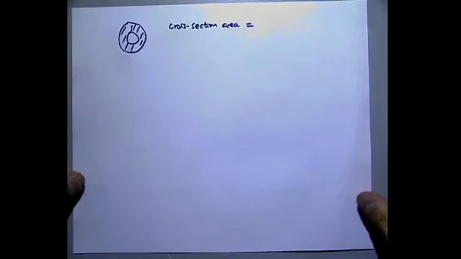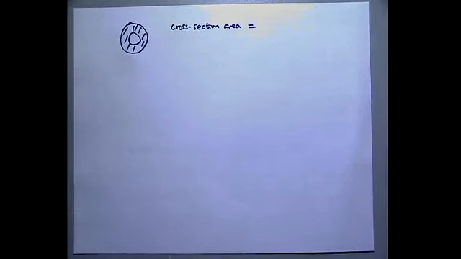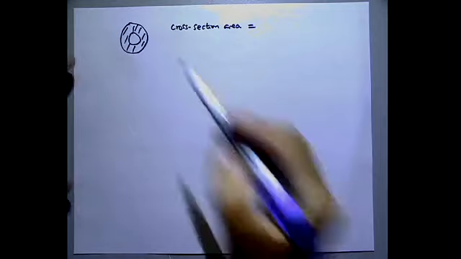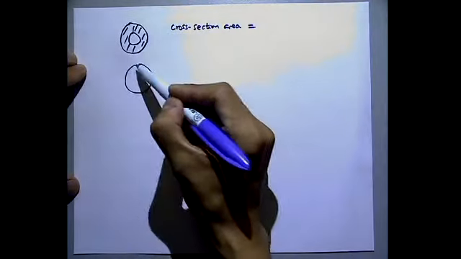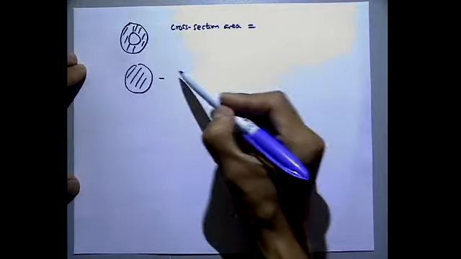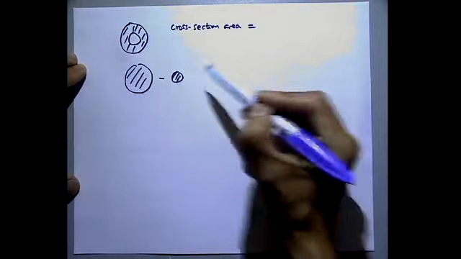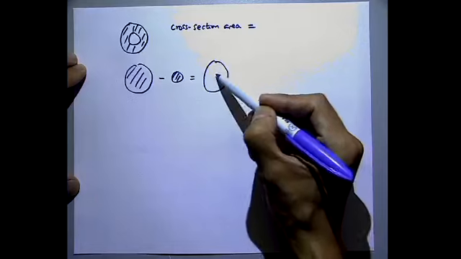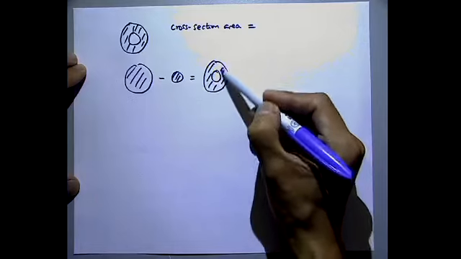How would you calculate the area of this little washer here? Very good. You take the area of the big circle, subtract away the area of the little one inside, and therefore you end up getting this thing, right?